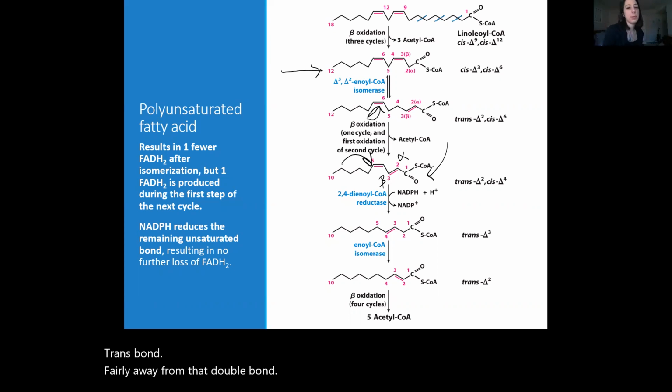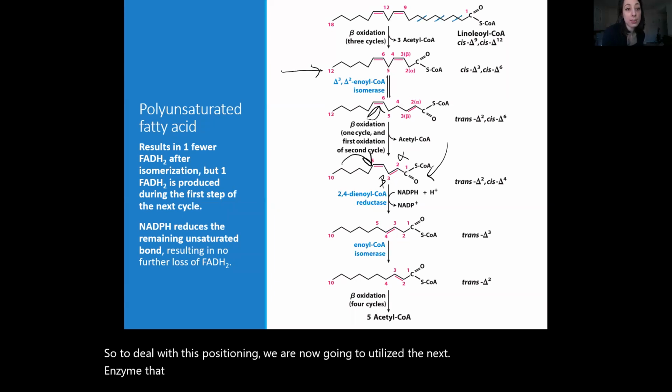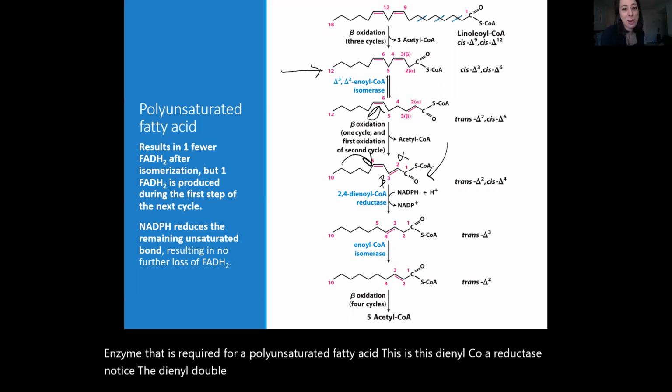So to deal with this positioning, we are now going to utilize the next enzyme that is required for a polyunsaturated fatty acid. This is the dienoyl-CoA reductase. Notice the dienoyl, so we have a double bond situation.